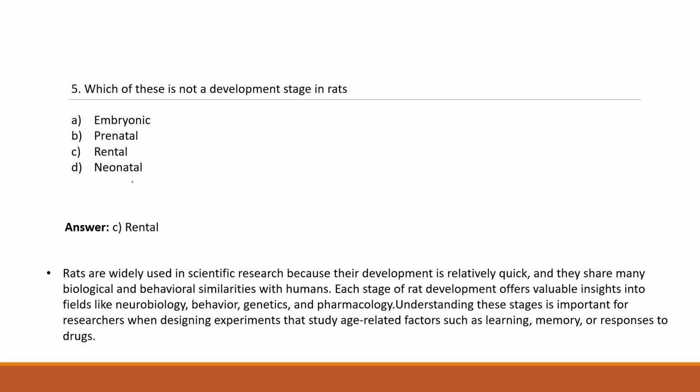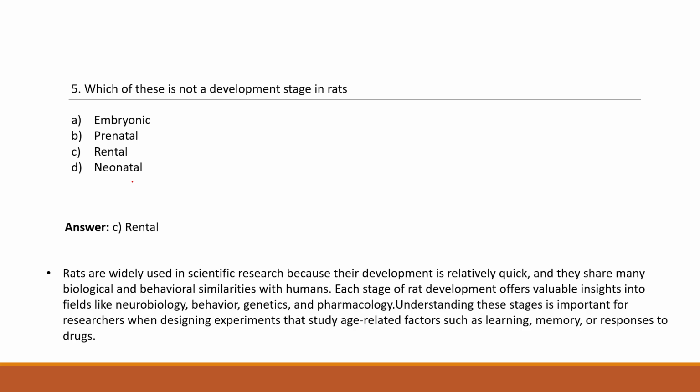So why rats? Because rats are very useful as a research model. Rats, mice. Rats are genetically similar to humans, and they are widely used in scientific research because their development is relatively quick, and they share many biological and behavioral similarities with humans. Not only at the genetic or molecular level, even their behavior is very similar to humans.